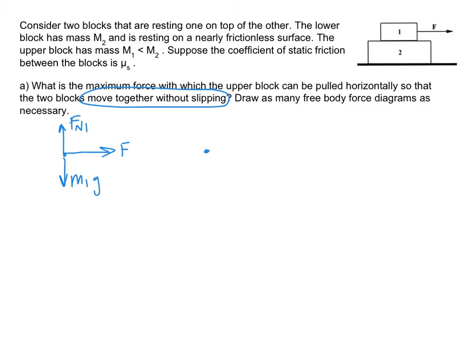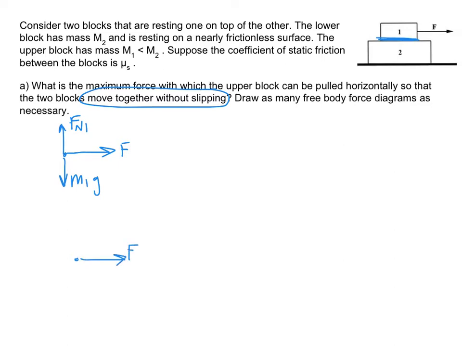So my picture of m2, actually let me put it down here. My picture of m2, now there's nothing actually from the outside pushing block 2 forward or backwards. But at this interface right here, there is going to be friction. And so there's a static frictional force that pulls that block forward.